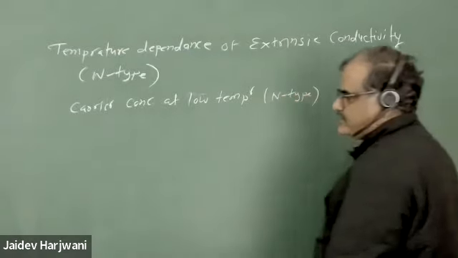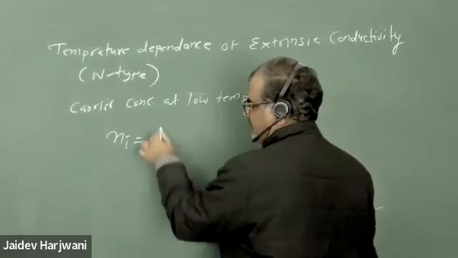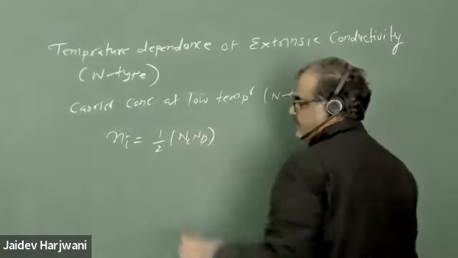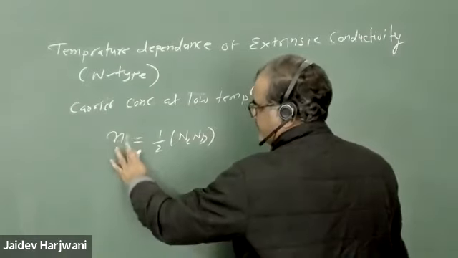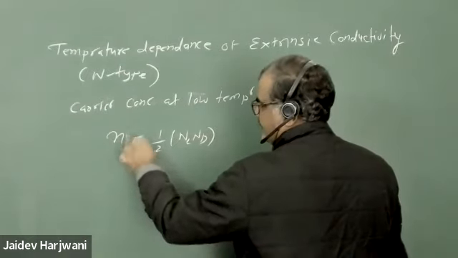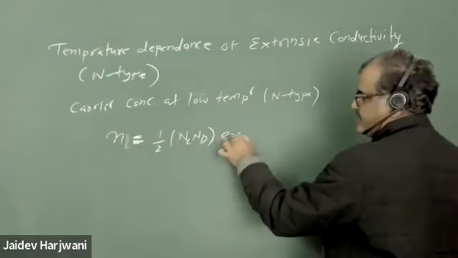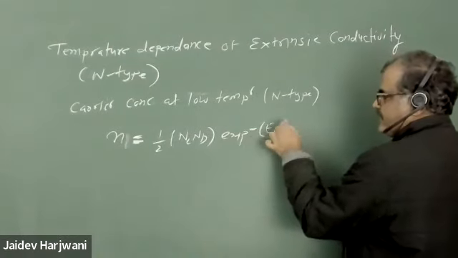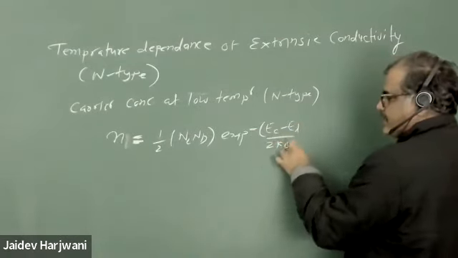The carrier concentration in n-type material is given by the square root of NC ND times exponential of minus (EC minus ED) upon 2 kBT.